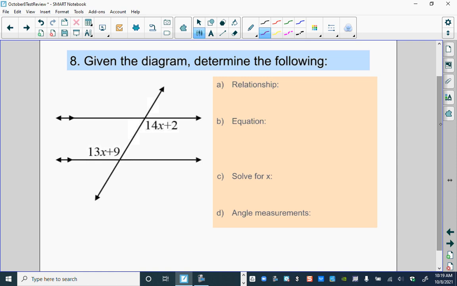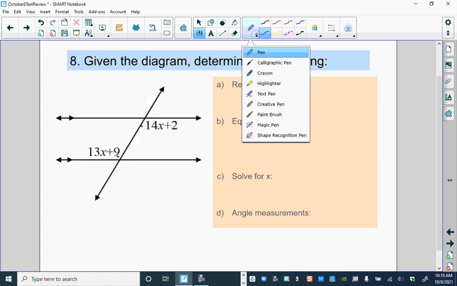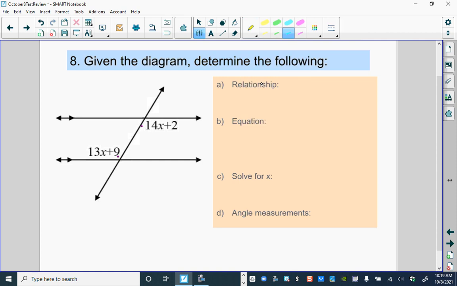What would be the relationship between those two angles? This one here, this one there. Or I should have put the dot right here. What's the relationship between these two particular angles?